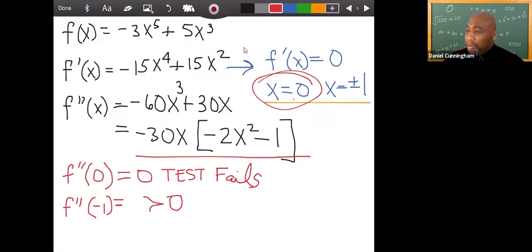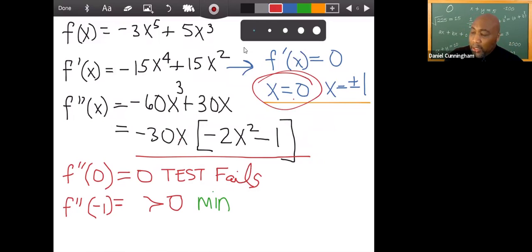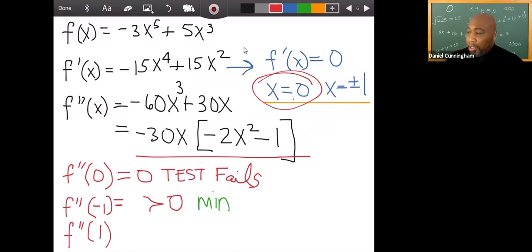If it's greater than 0, that says that is a relative min. Remember, if it's greater than 0, it's a relative min in the second derivative test. Then let's plug in the value 1 into the second derivative. This is our second derivative. Either way you want to do that.